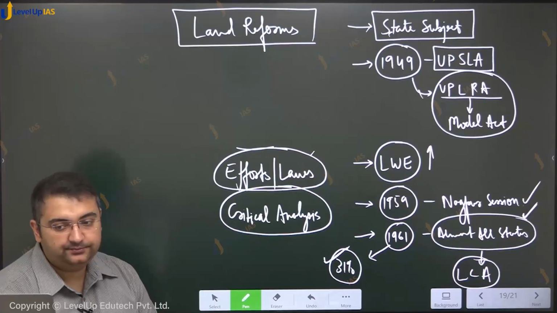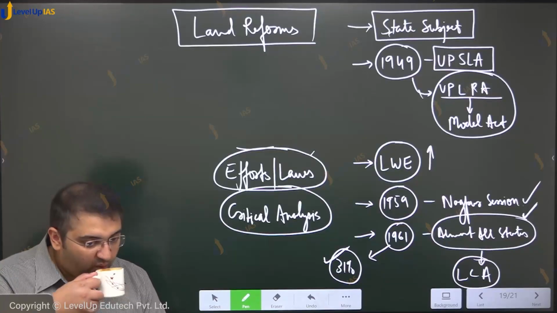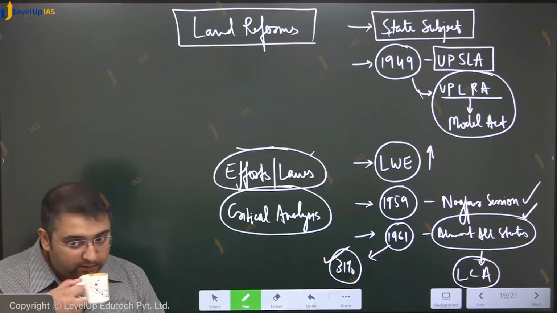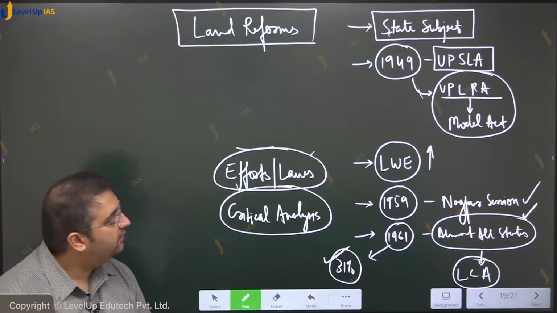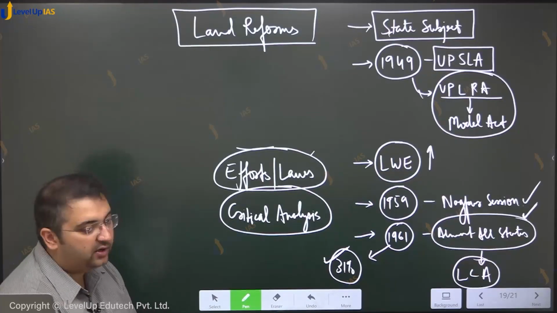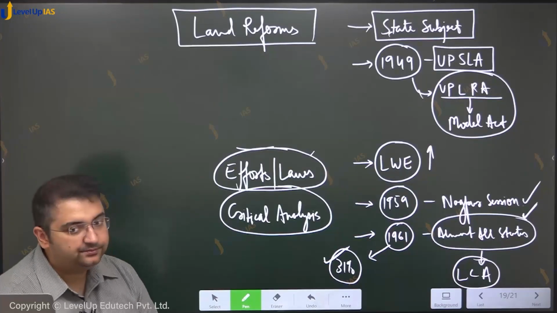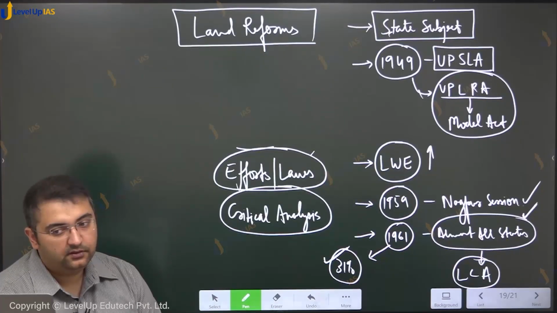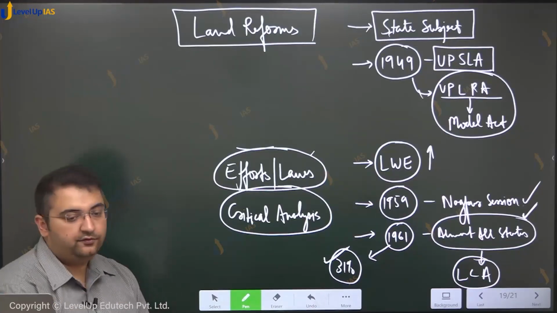In 1949, the UP State Assembly passed the UP Land Reform Act, also known as the Zamindari Abolition Act, which became the model law for other states.